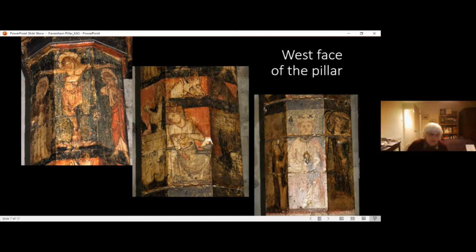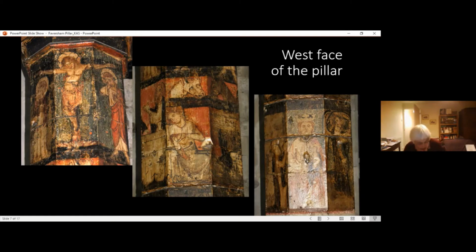So here, as you can see, on the top tier we have Christ's crucifixion. On the middle, we have the Christ child suckling as part of the Nativity. And then on the bottom tier, we have the Virgin and Child as the final panel of the Adoration of the Magi.